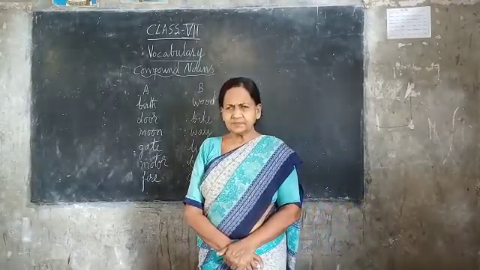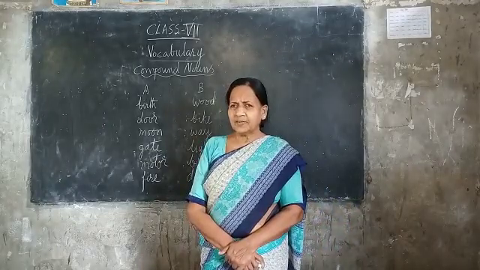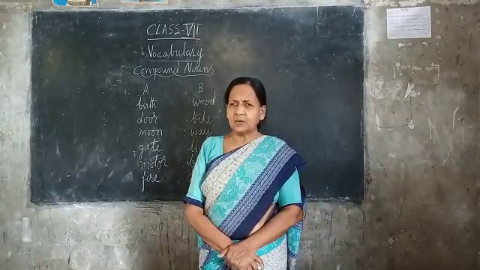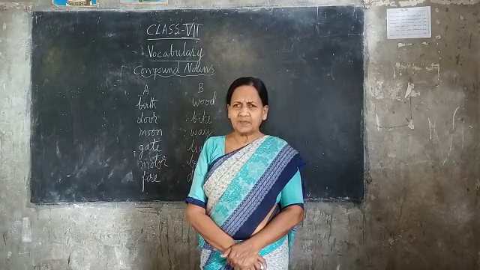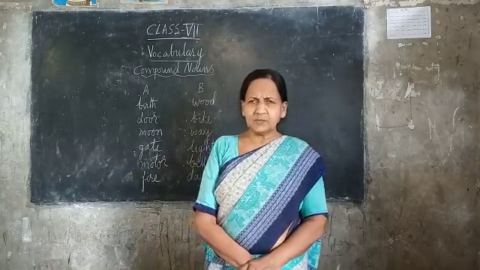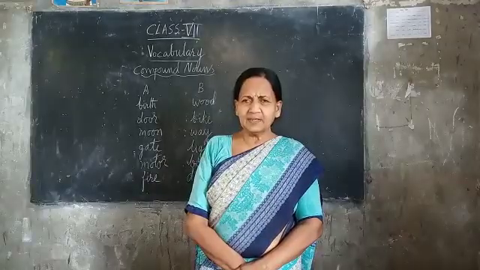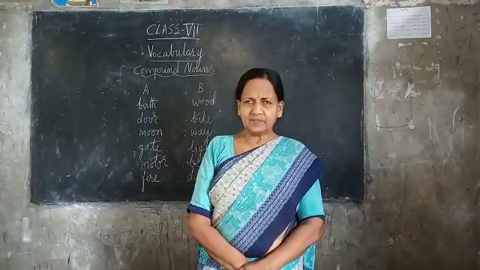Understood, children? So here we are joining two words together, which is called a compound noun. While we are joining two words together to form a particular word, it is known as a compound noun.